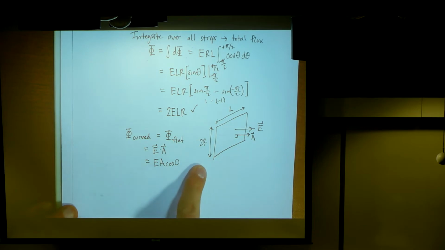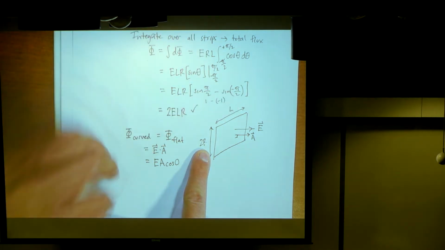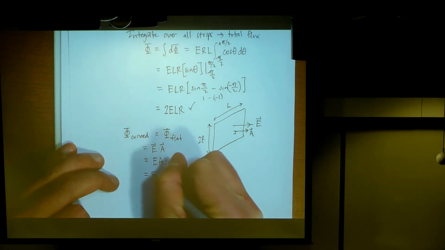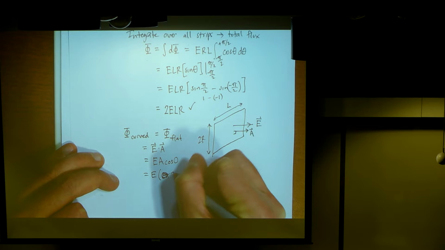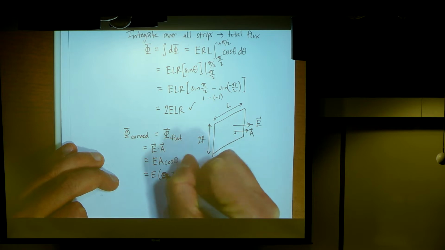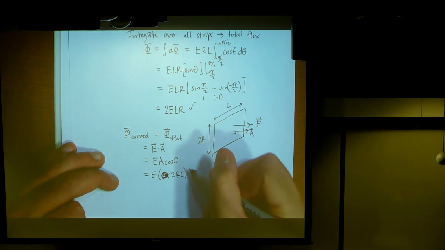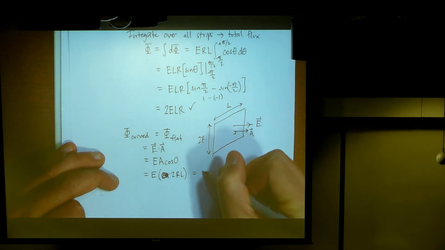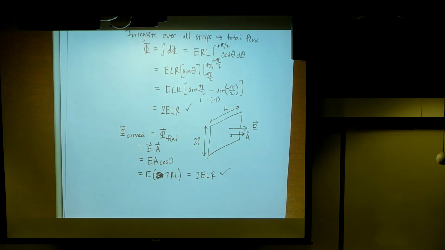So when I consider the area, that would be 2R times L, correct? So that would be E times the area, which is 2R times L. And cosine of 0 gives me what? Just 1, right? Cosine 0 is 1. So we get the same answer. 2E times R times L, just like before. Okay, so we can do it one of two ways, is what I'm showing you here.